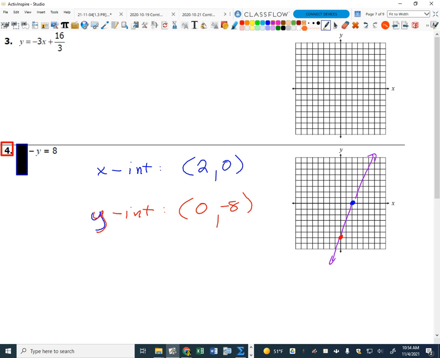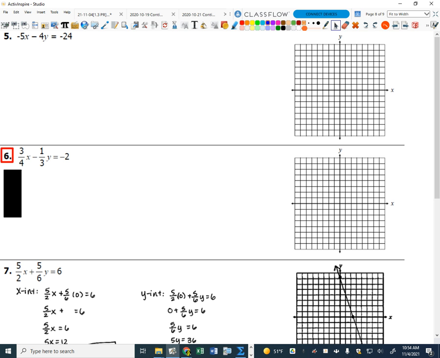Okay, good. All right, so how about one more? And I think this would be enough. Yep, that's it. Okay. Number 6. Now, what am I going to do? Everybody think about this for a second. What do I definitely want to do here before I even start on this problem? Yeah, clear the fractions. Good. Okay, so go.